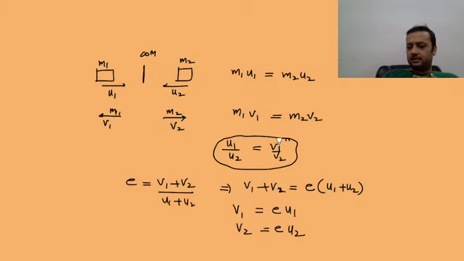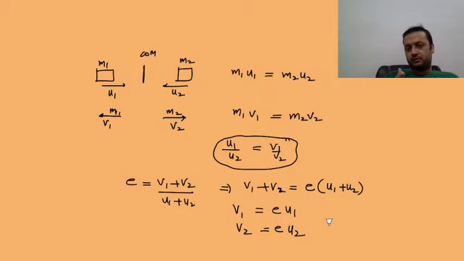You can treat these two as linear equations and solve for v1 and v2. You will find v1 equals E u1 and v2 equals E u2. Then only the sum v1 plus v2 will become E times u1 plus u2, and also the ratio of v1 and v2 will be the same as the ratio of u1 and u2.